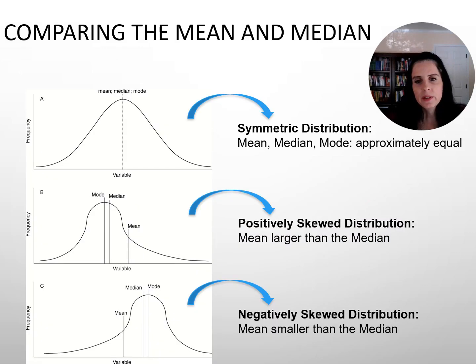These images illustrate where the mean, the median, and the mode are located in different types of distributions. The first curve illustrates a symmetric distribution. We can see in this image that the mean, the median, and the mode overlap. With real data, they do not have the exact same value, but they're relatively close.